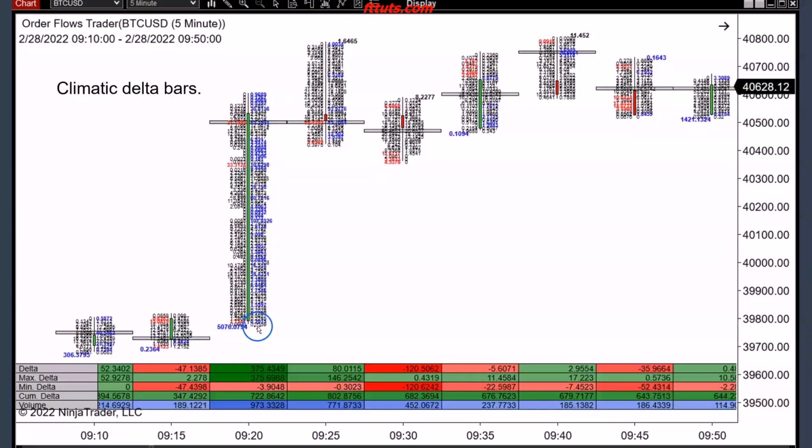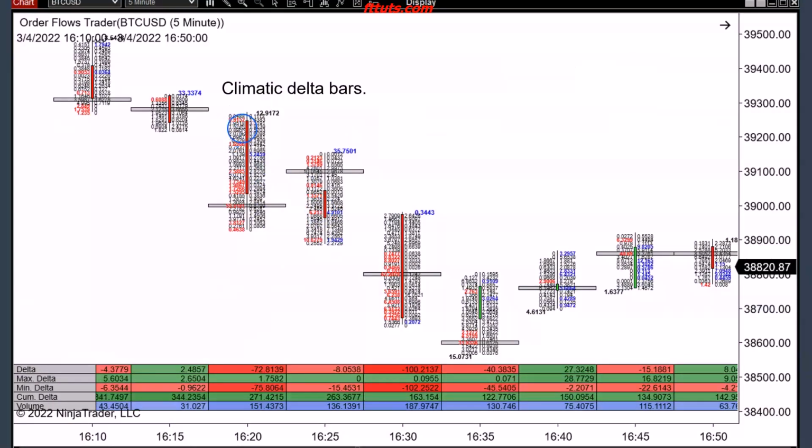Just like here, 39,800 up to 40,600. So you're getting big ranges. This bar here, even though it's got a big negative delta of minus 100, it's not. 39,000 to 38,650. And it's very similar here, 39,300 to 39,000.